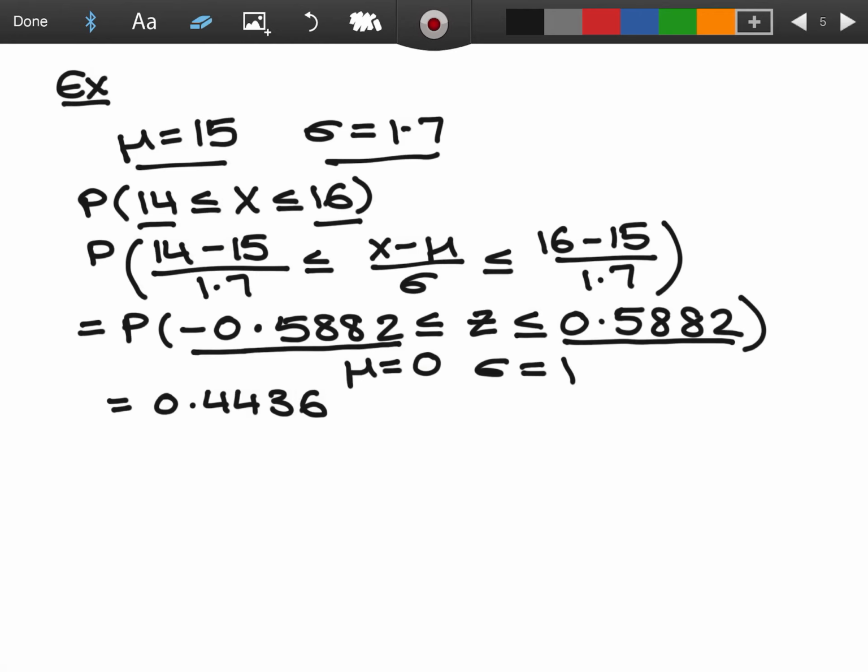Now, the second part of the problem is the new part that we haven't looked at yet. It says if 35 bags are randomly selected, so I've taken a sample of 35 of these bags of fertilizer, find the probability that the average weight of 35 bags will be between 14 and 16 pounds.